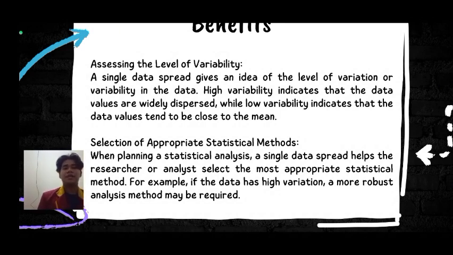Selection of appropriate statistical method. When planning a statistical analysis, a single data spread helps the researcher or analyst select the most appropriate statistical method. For example, if the data has high variation, a more robust analysis method may be required.